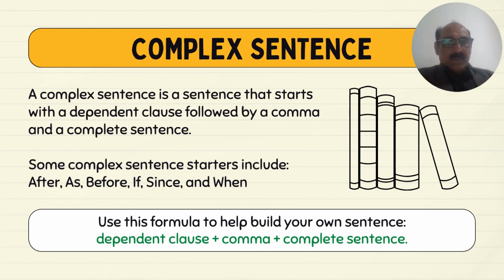I will place the link in the description. Some complex sentence starters include after, as, before, if, since, and when. You can use this formula to write a complex sentence: dependent clause followed by comma and complete sentence.